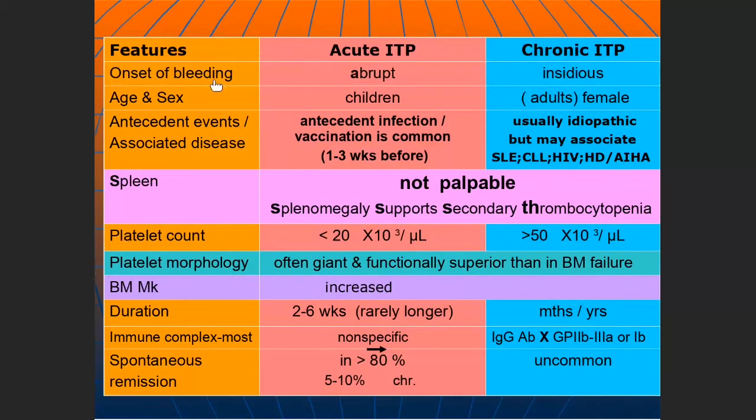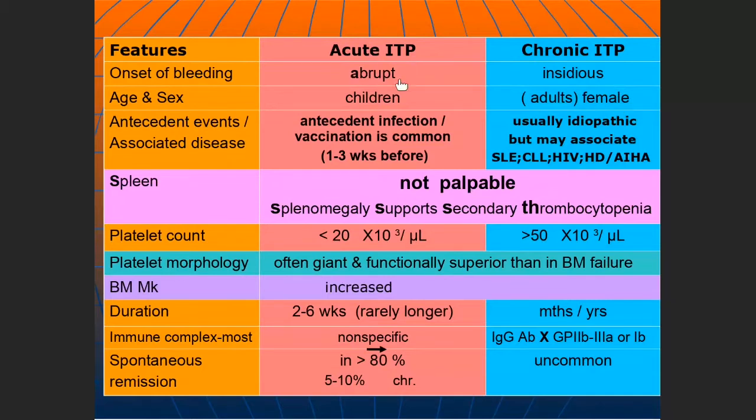The onset of acute ITP is sudden or abrupt, while chronic ITP has a gradual or insidious onset. Acute ITP is a disease of childhood, while chronic ITP is a disease of adults, especially females.